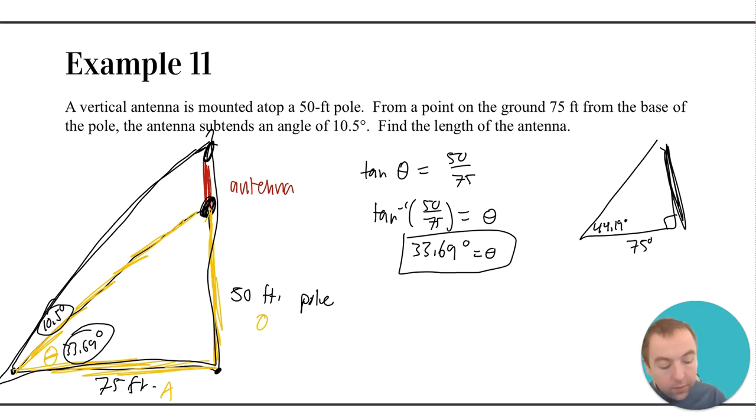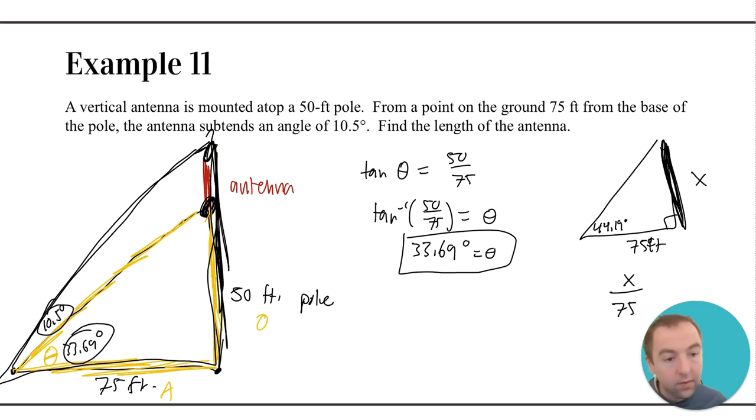And then we could actually find what this overall length is, with the combined antenna and pole, if I call this x, and use another tangent ratio because x is opposite and 75 feet is the adjacent. So tangent of 44.19 degrees would equal x over 75. And then multiplying 75 to both sides, 75 tangent of 44.19 will tell you that you have about 72.91 is about the length of x.